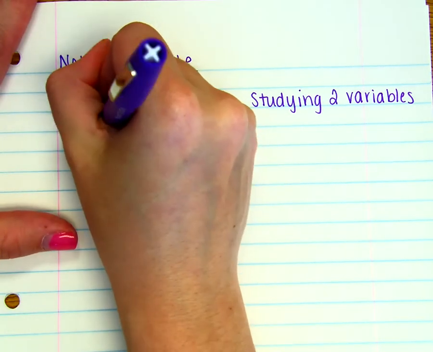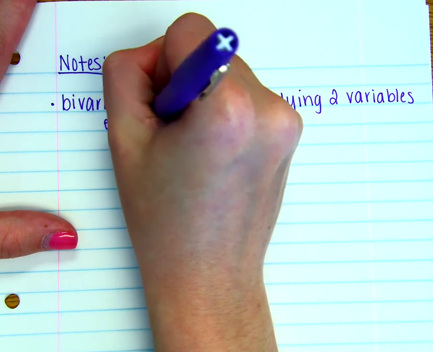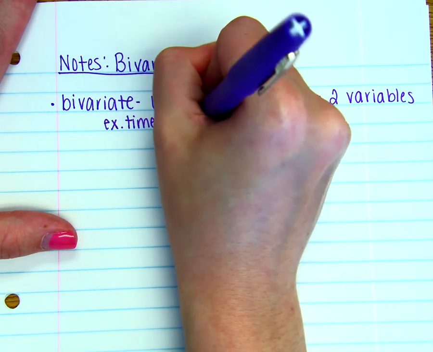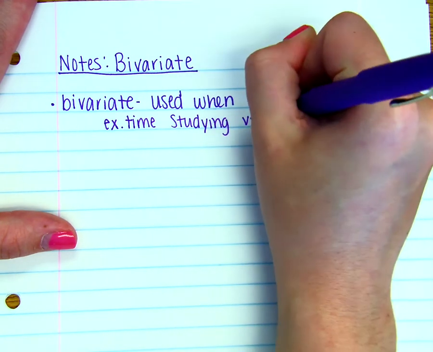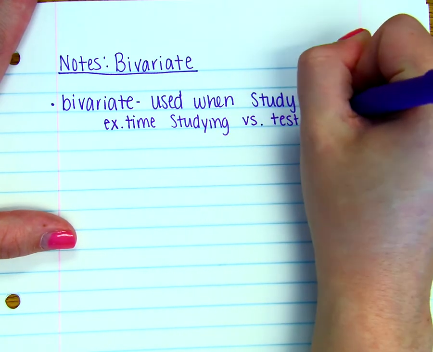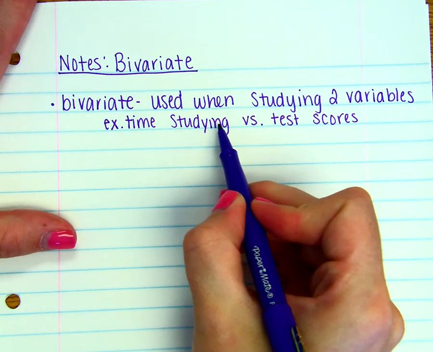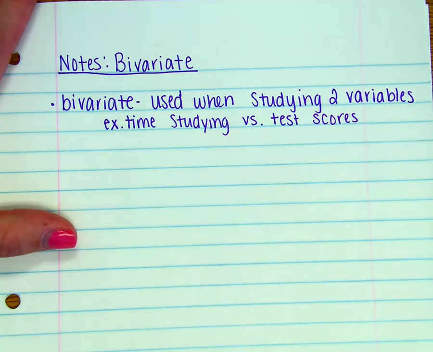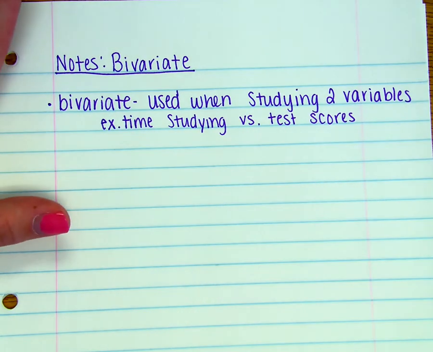An example of bivariate data could be time studying versus test score, because we can compare these two things together. The more time you spend studying, the higher your test score is going to be.